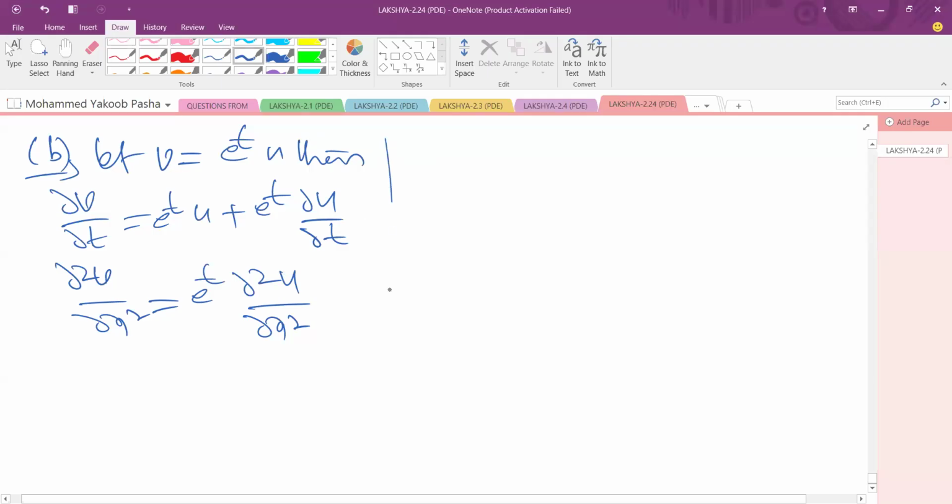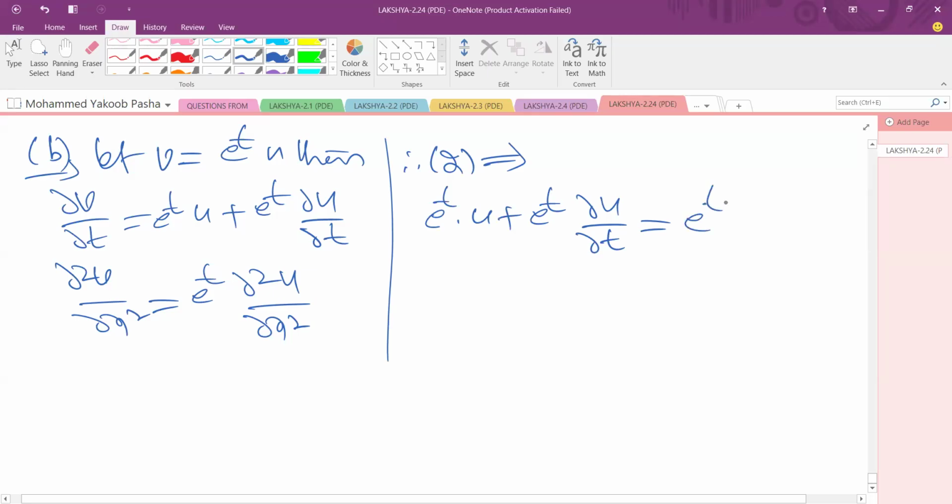Now substitute in equation number 2. Therefore, equation 2 implies the left side is e power t into u plus e power t into dou u by dou t, that is equal to dou square v by dou x square, means e power t into dou square u by dou x square. E power t will be cancelled.